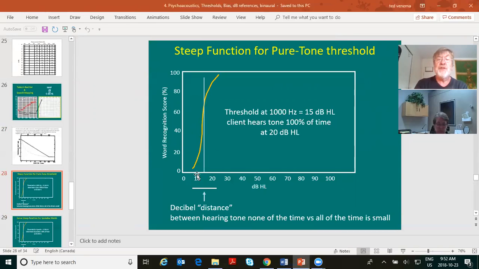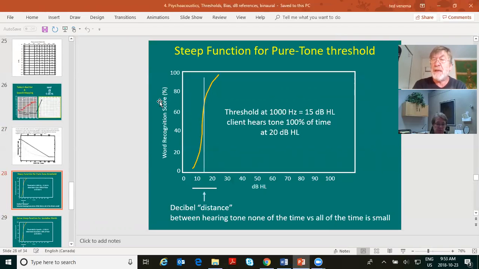If I presented the tone at 10, look at this, you'll likely not hear it. But if I present the tone at 20, you'll almost always hear it. The vertical axis is the percent of the time you heard it. Okay? So pure tones like 1,000 hertz, 2,000 hertz, 4,000, they will have what you call steep performance index functions.